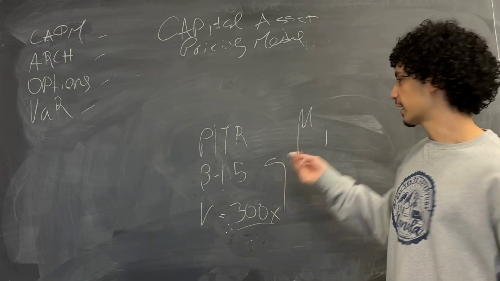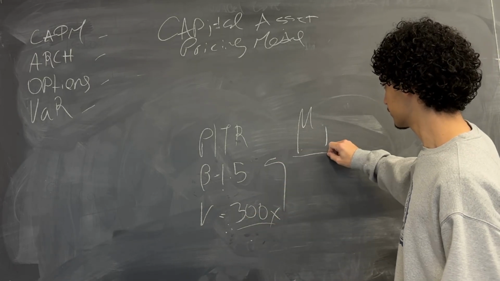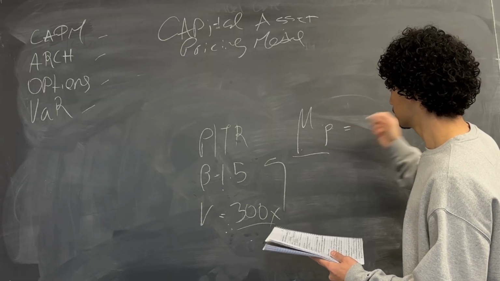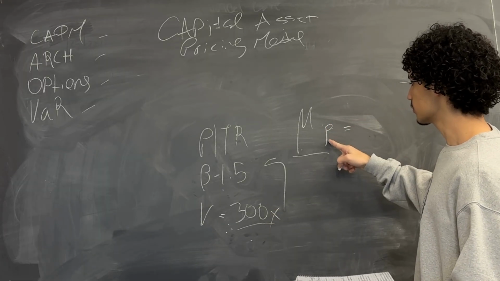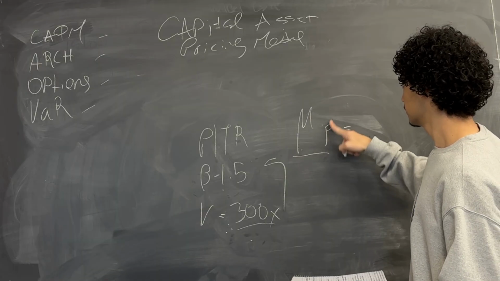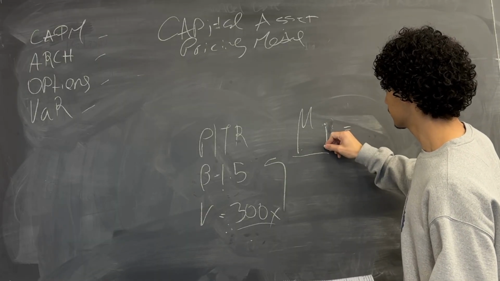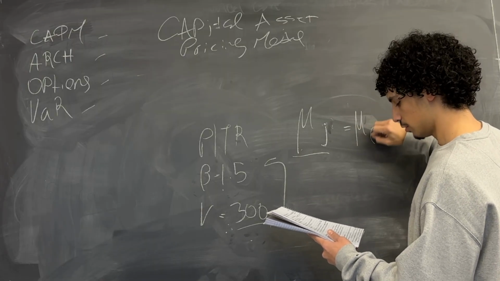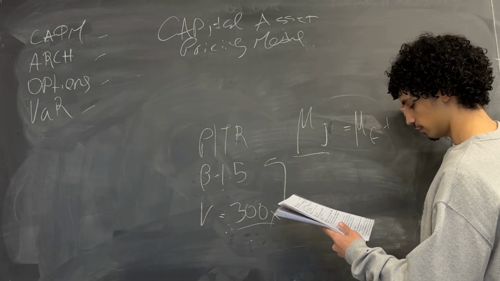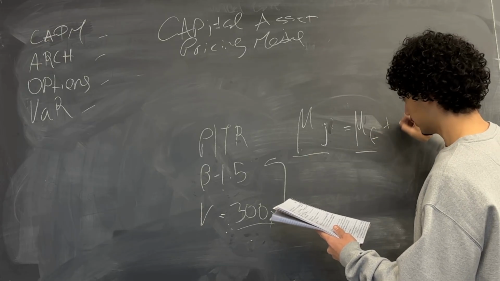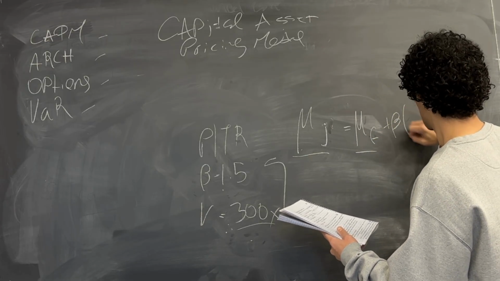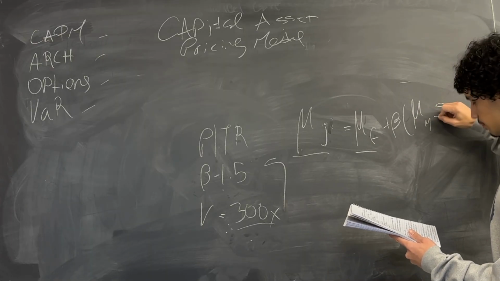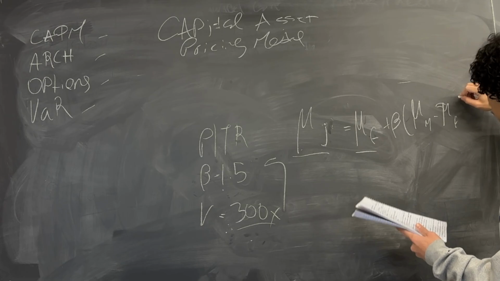This is the return of a stock, expected return, whatever. Return of Palantir. This also stands for portfolio. So whatever, J is Palantir. The return of Palantir stock has to do with the risk-free rate return, and then beta times market return minus the risk-free return.